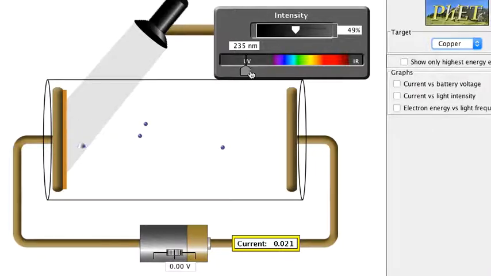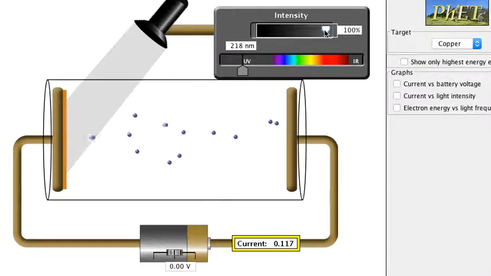And again, just like the sodium, if I go to higher energy, see how they come out way faster. And if I increase the intensity, it should increase the number of electrons being removed, just because there are more photons.